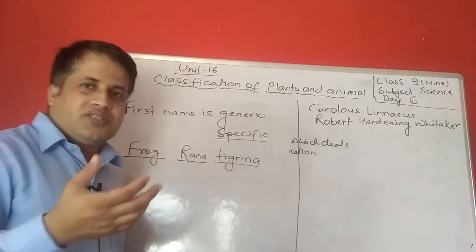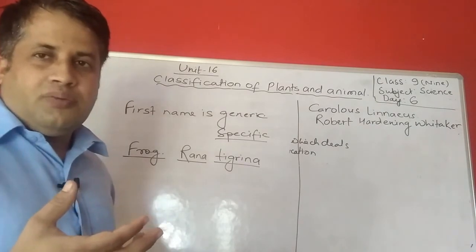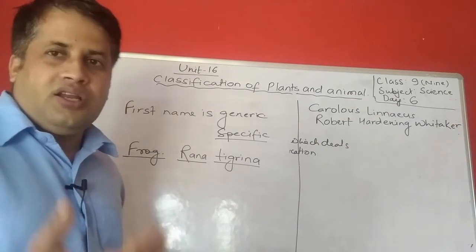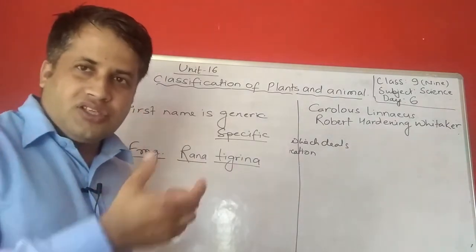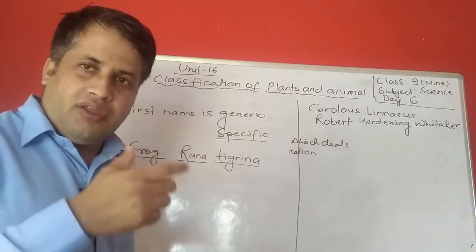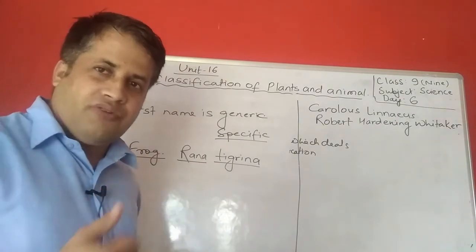For example, if you take a tiger, Panthera tigris, and lion, Panthera leo, is the scientific name given to them. Panthera is common to both. They belong to the same family, lion and tiger. But specifically they are different from one another.